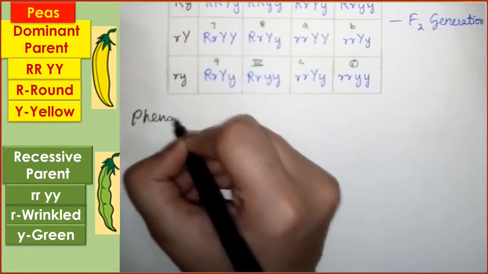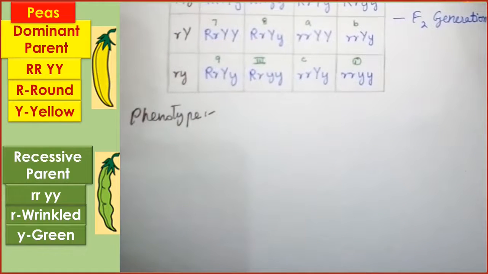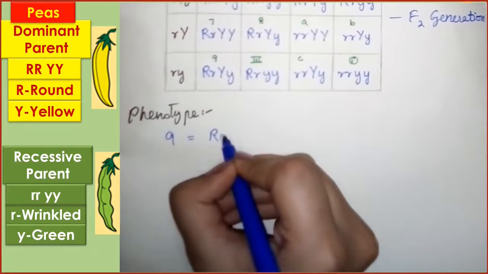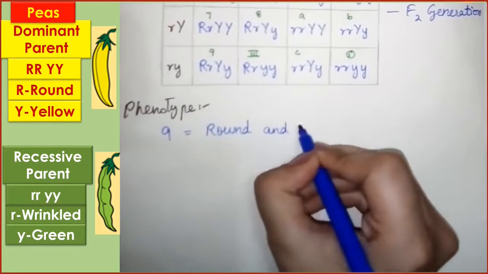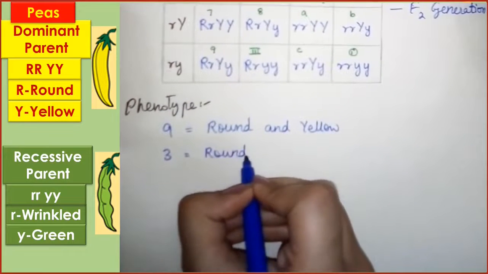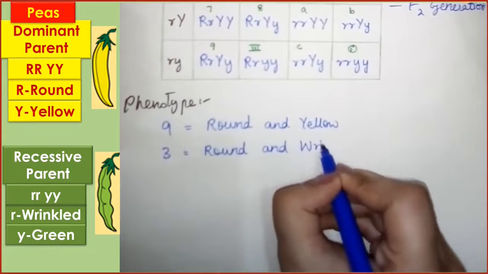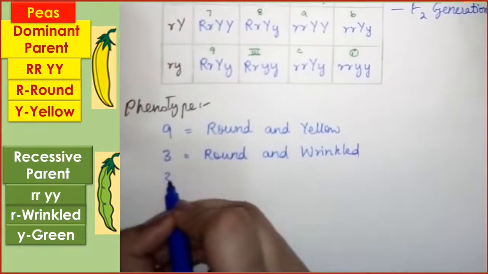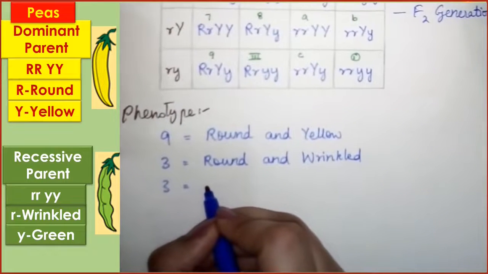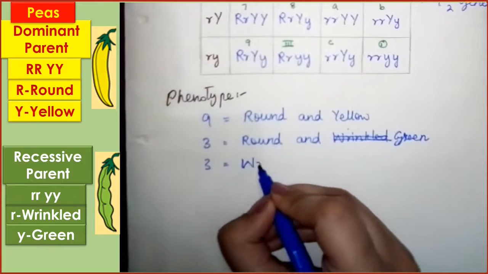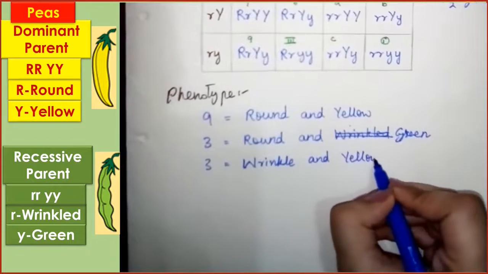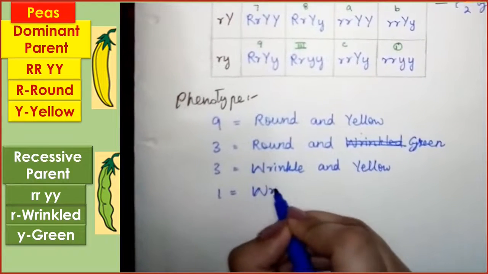Now, the phenotypic ratio of independent assortment of chromosomes will be: 9 offsprings are round and yellow, capital R, capital Y. 3 offsprings are round and green, capital R, small y. 3 offsprings are wrinkled and yellow, small r, capital Y. And 1 offspring is wrinkled and green, small r, small y.